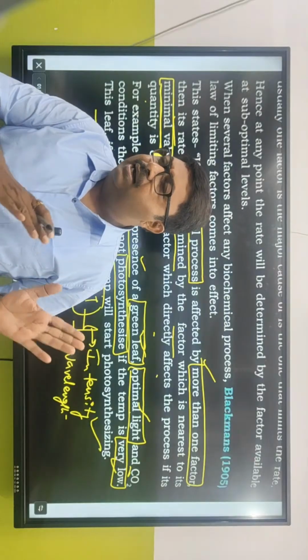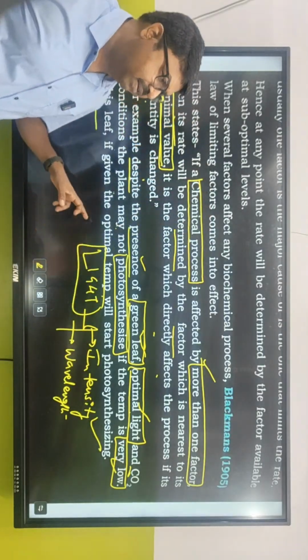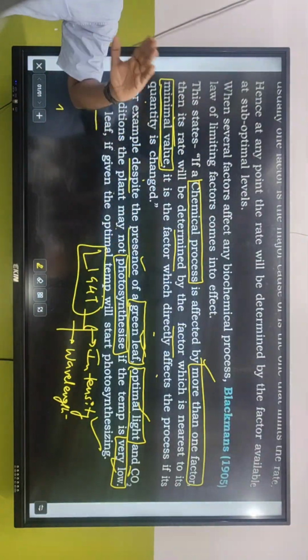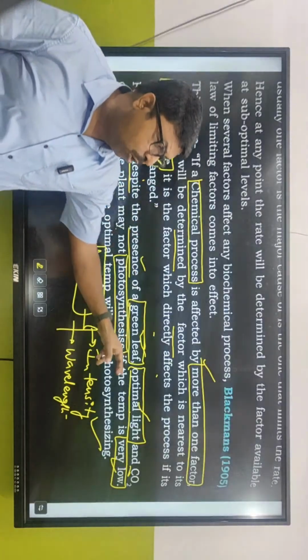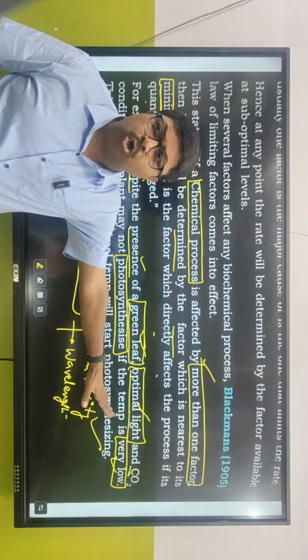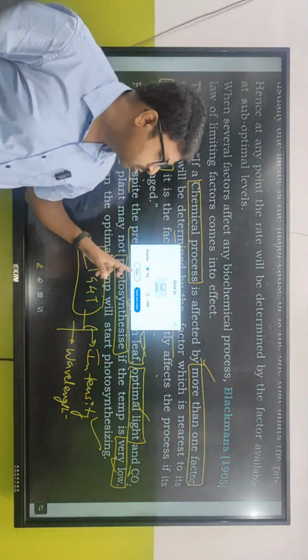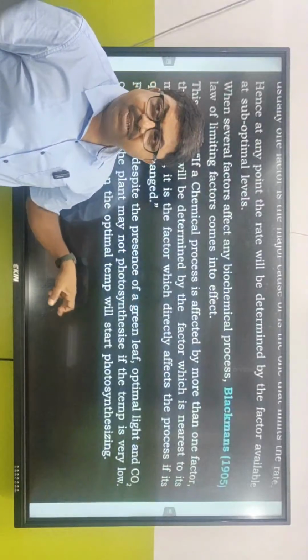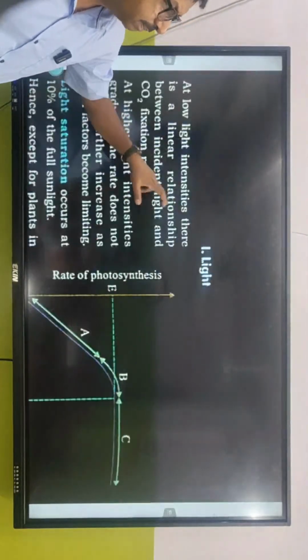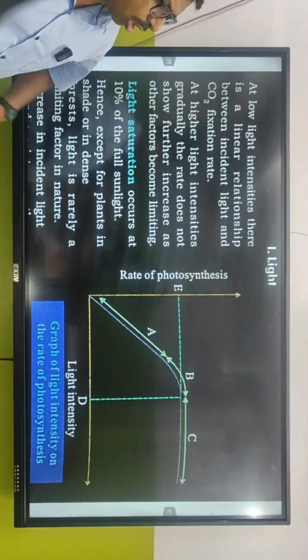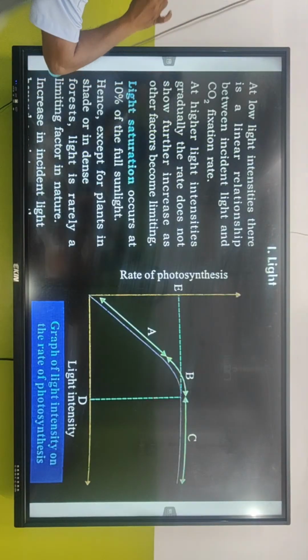So what is the limiting factor over here? The limiting factor over here is temperature. সব কিছু ঠিকঠাক আছে, শুধু কিসের অভাব আছে? কোনটা লো আছে? টেম্পারেচার। তাহলে টেম্পারেচার দিয়ে দিলেই ফটোসিনথেসিস আবার স্টার্ট হয়ে যাবে। তার মানে টেম্পারেচারটা এখানে লিমিটিং ফ্যাক্টর। ক্লিয়ার?